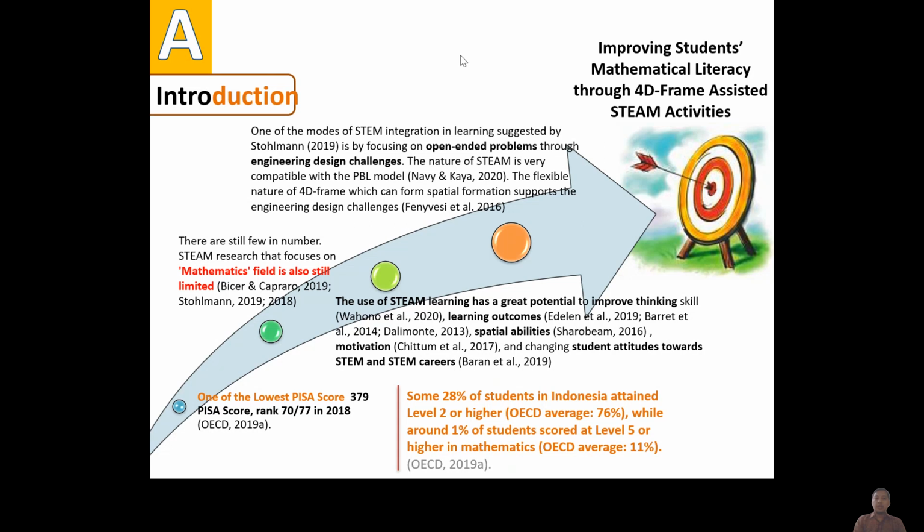So the students in the problem-based learning instruction need to construct and model this traditional technology called BUBU in Indonesia by using the 4D frame. The 4D frame has a flexible nature that can form spatial formations, and it supports the engineering design challenge in our case. So that's why improving student mathematical literacy through 4D frame assisted STEM activities is really possible to do.